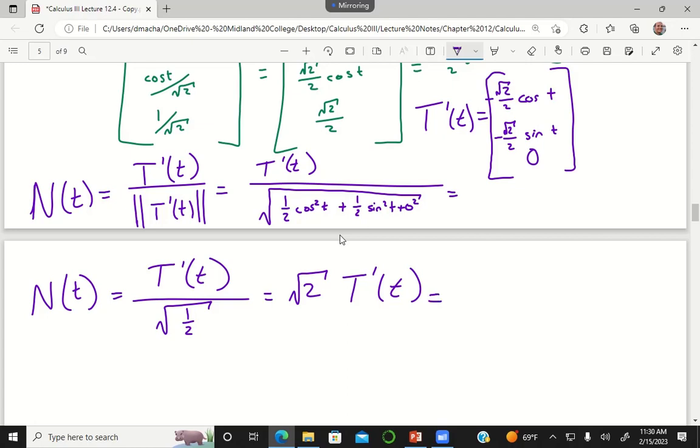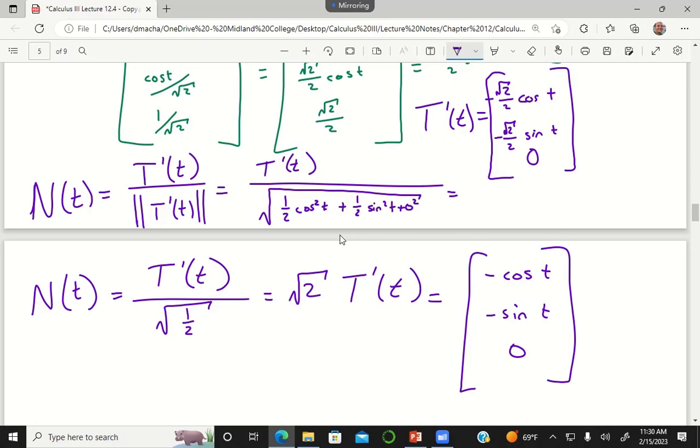So if I multiply every element of t prime t times root 2, what I end up with is negative cosine t, negative sine t, 0. That is my principal unit normal vector.